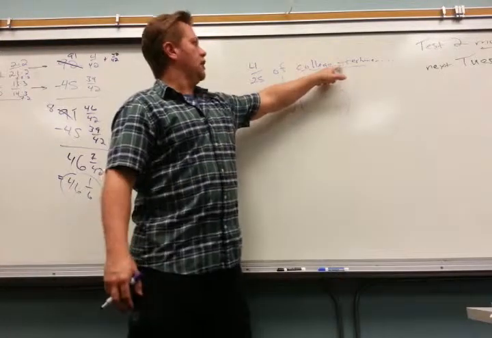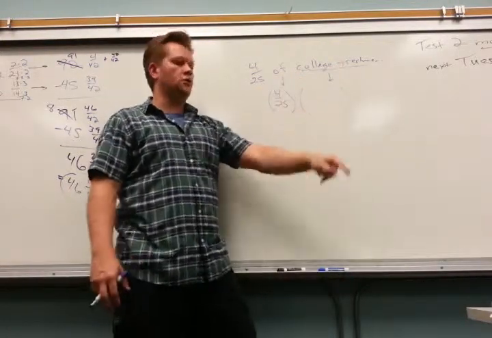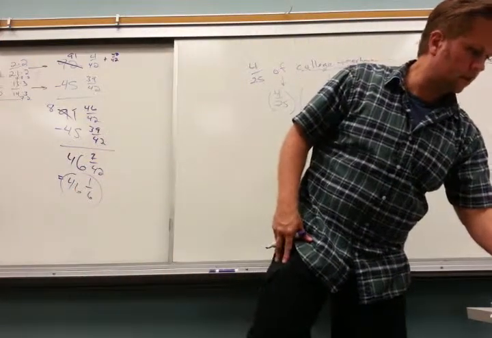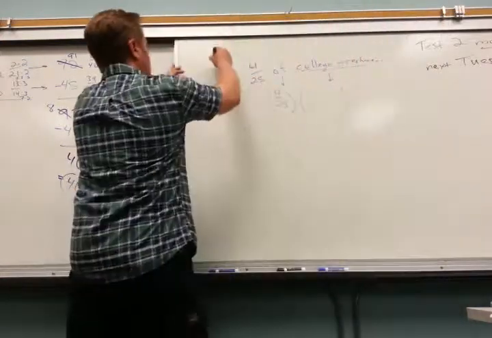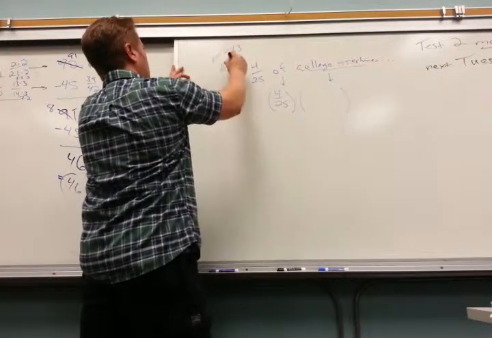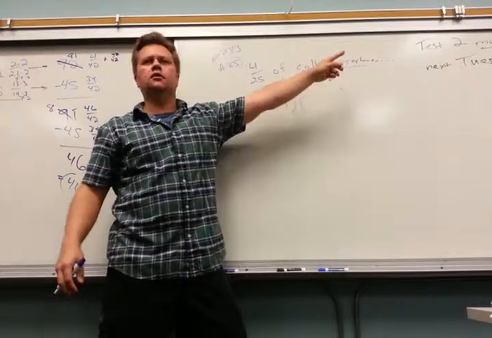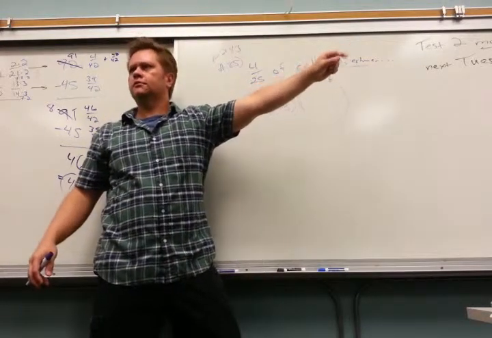So all I have to do now is read through the problem and see how many college freshmen they're talking about. This is number 85, page 243. They say 4/25 of college freshmen major in business.